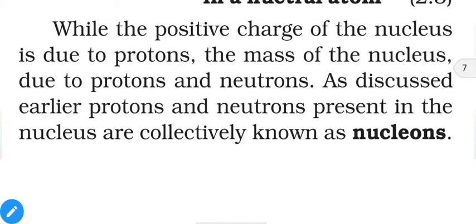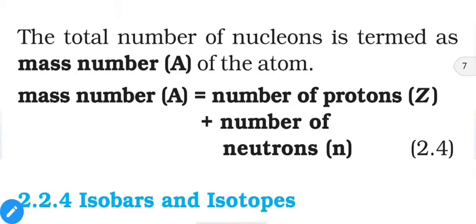As discussed earlier, protons and neutrons are present in the nucleus and are collectively known as nucleons, and the mass of the atom is because of these nucleons. So the total number of nucleons represents the mass number of the atom. The total number of nucleons is termed the mass number A, and it is equal to the number of protons Z plus the number of neutrons N.